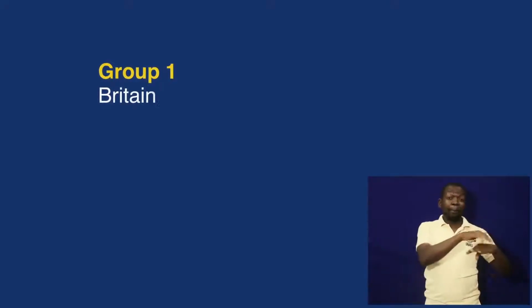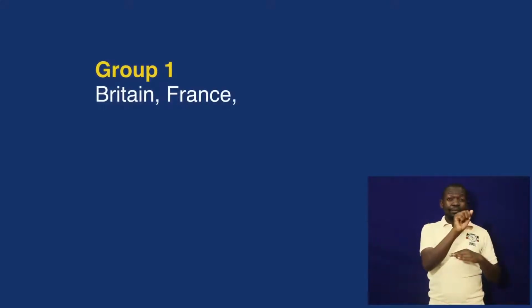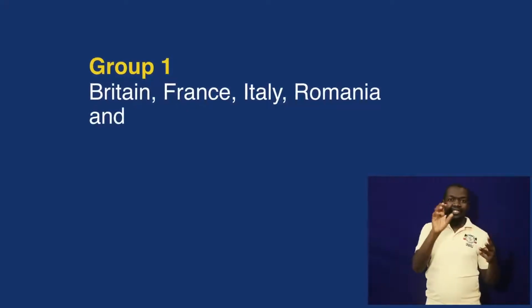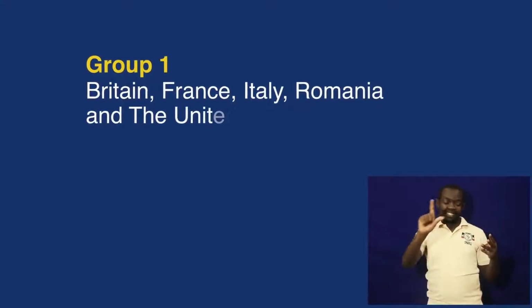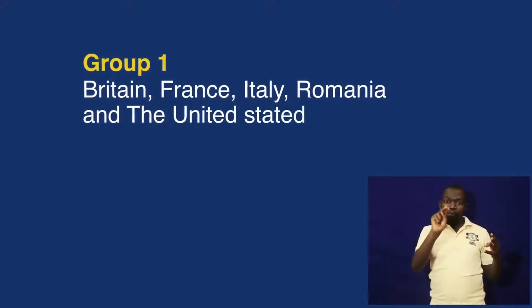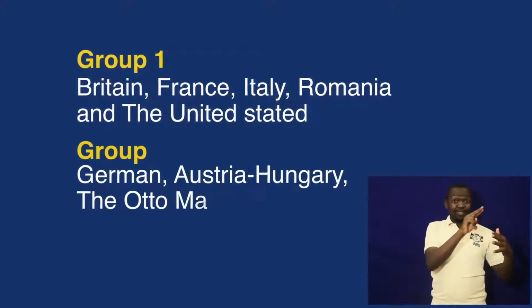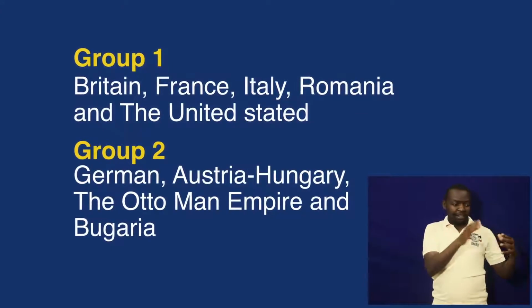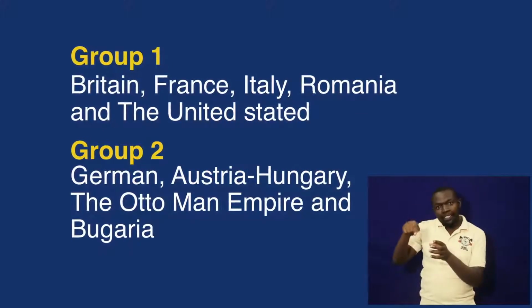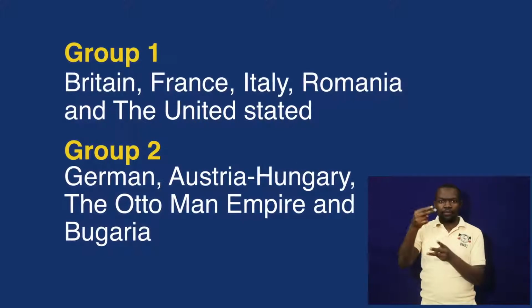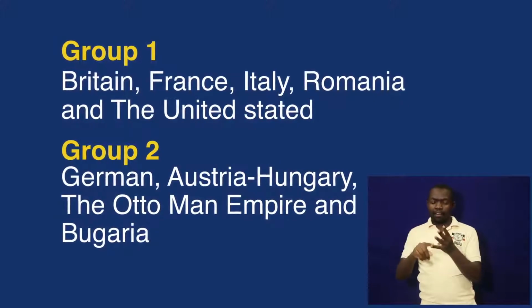The first group included Britain, France, Italy, Romania, and the United States. Then the second group included Germany, Austria-Hungary, the Ottoman Empire, and Bulgaria.